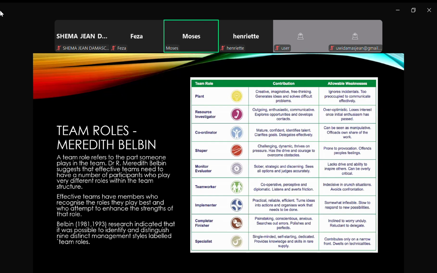In other words, people contribute differently on a team. Some people can be resource investigators, others can be specialists. So please take time and read about these team roles and what people help with in a team.